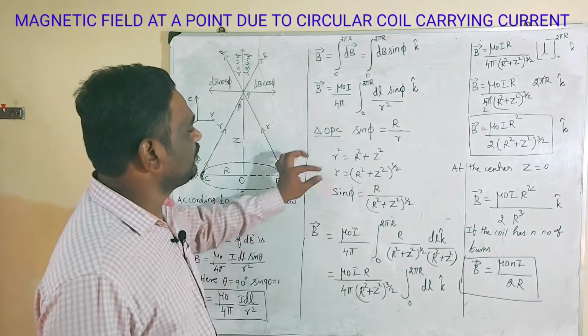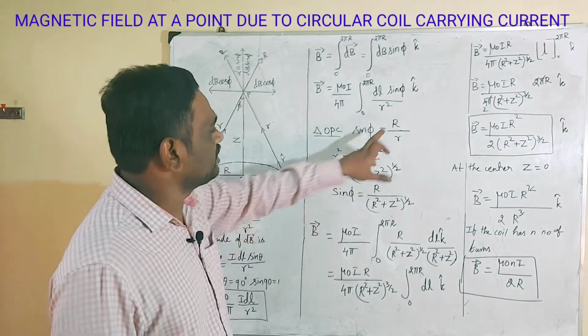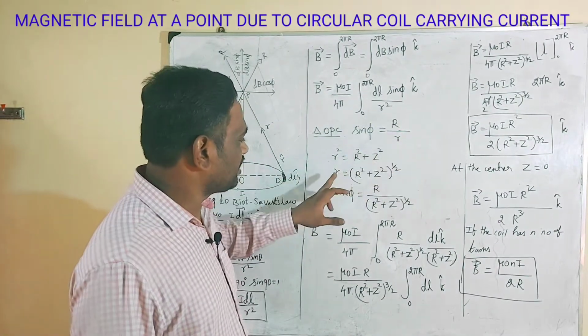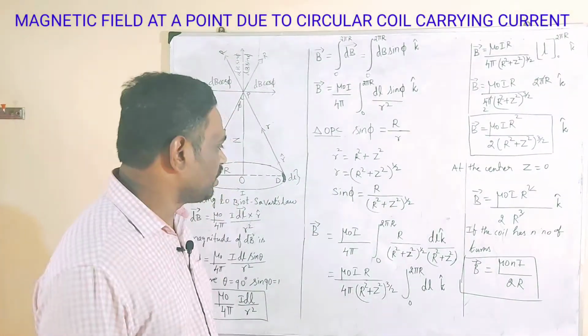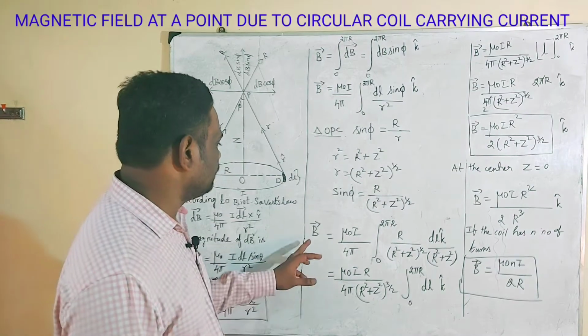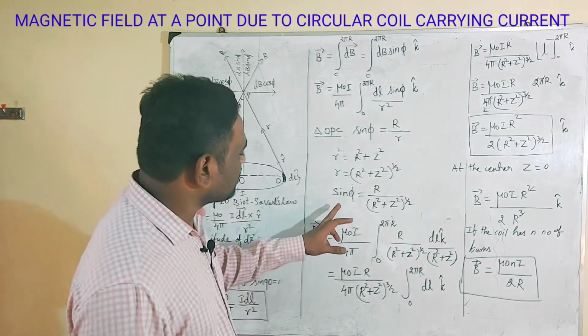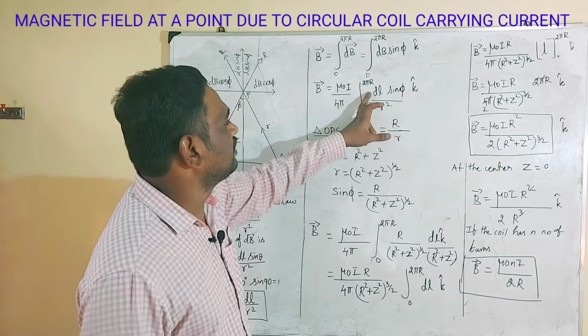So now substitute the value of r in the sin phi. Sin phi is equal to capital R by small r, where small r is R square plus Z square whole power 1 by 2. Now I am going to substitute the sin phi value in the B vector.